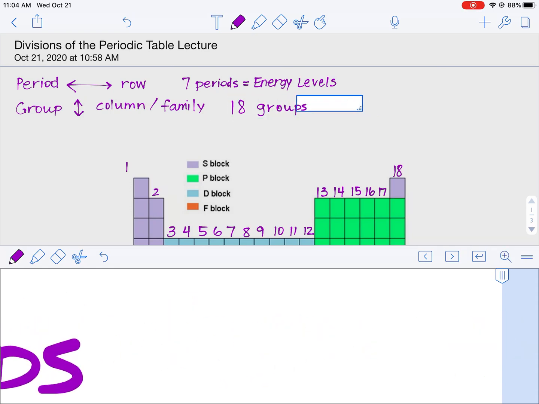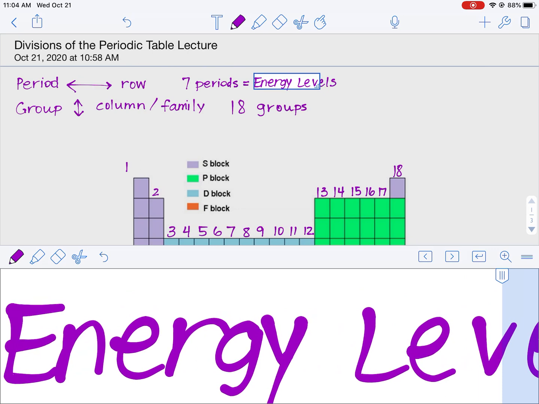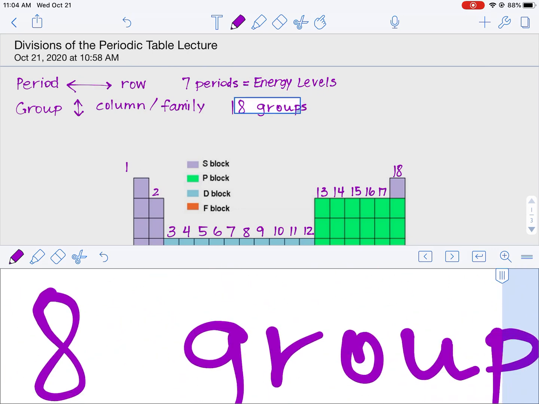And part of today's lesson is to learn about what information that can tell us about the structure of the atom. Just like the periods were indicative of the energy levels in an atom, the groups will allow us to have some insight into the inner workings of the structure of the atom as well.